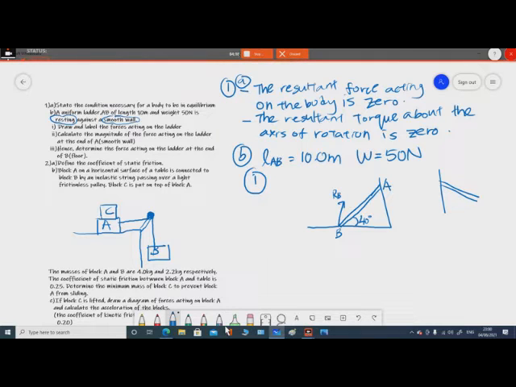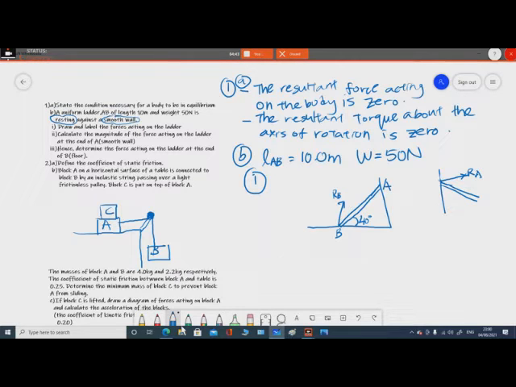Suppose this RA should be same as RB, pointing like that, but in this case, the normal reaction between the ladder and the wall should be this one, which is perpendicular to the wall.